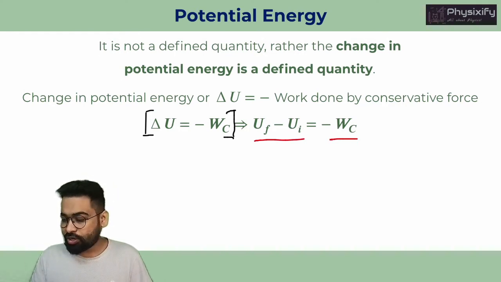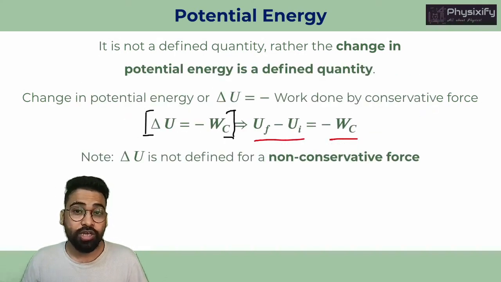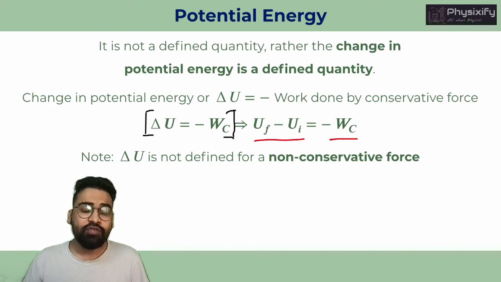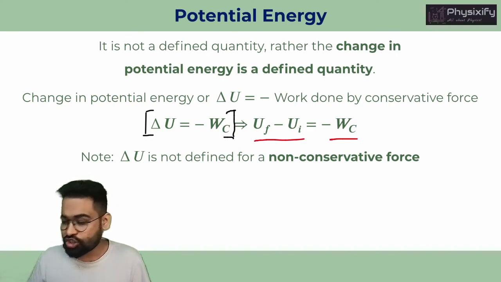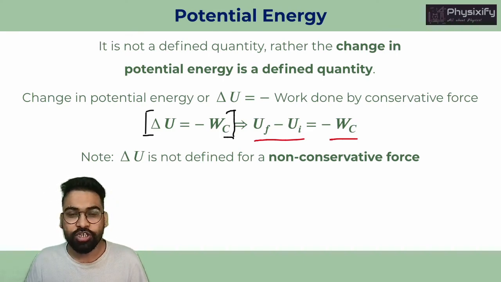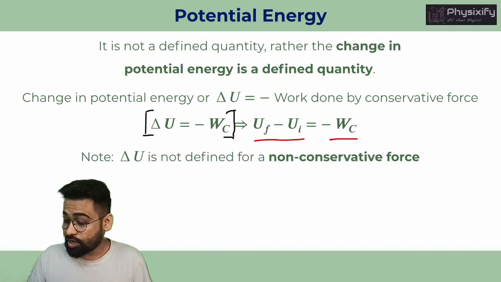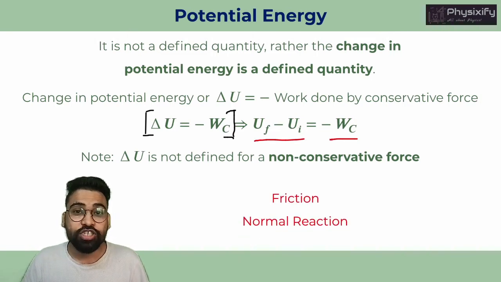One point to be noted here is that potential energy will only be defined for a conservative force. If delta U is given to be minus WC, this automatically means that if there is a non-conservative force, you will not write any potential energy or change in potential energy, right? If you talk about friction and normal reaction, these are non-conservative forces.